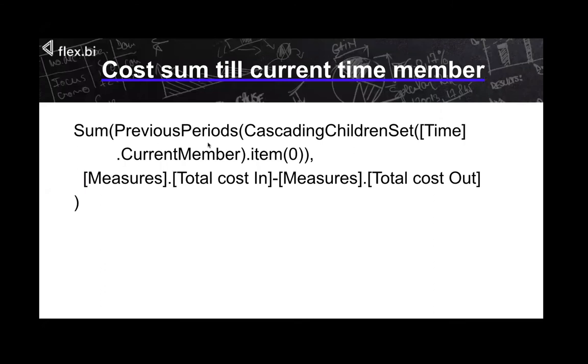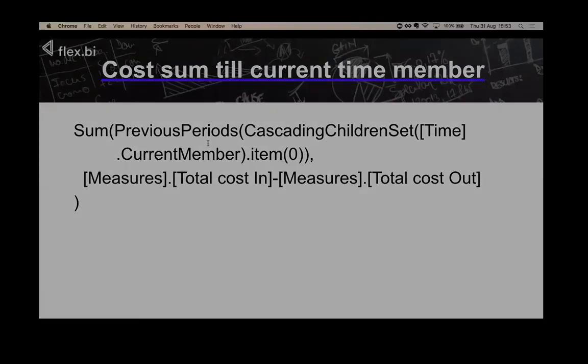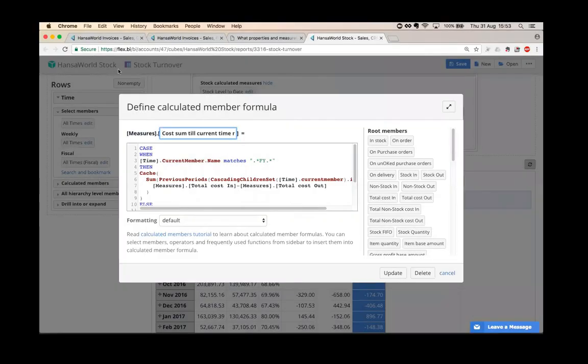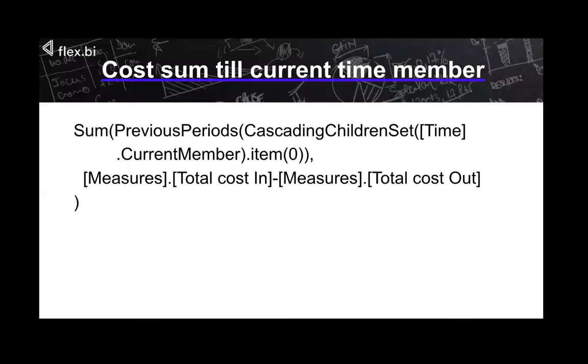We are switching right now to stock queue, by the way. Forgot to mention we are in stock queue. And the customer wanted to see the total cost right now that is in the stock.